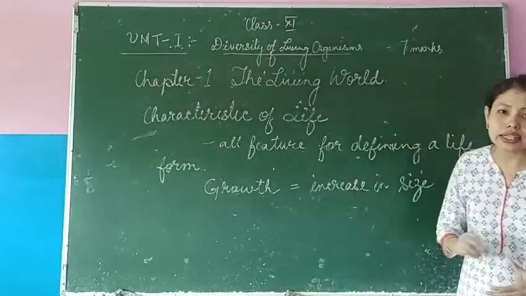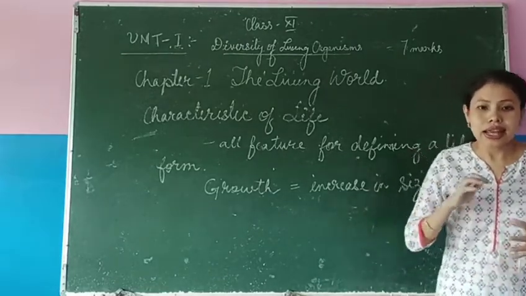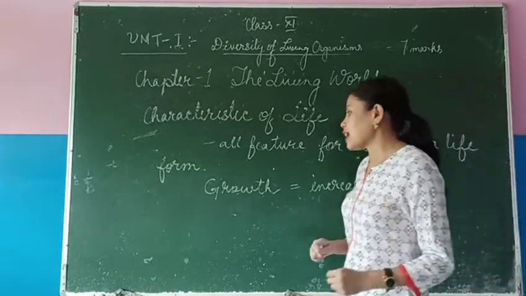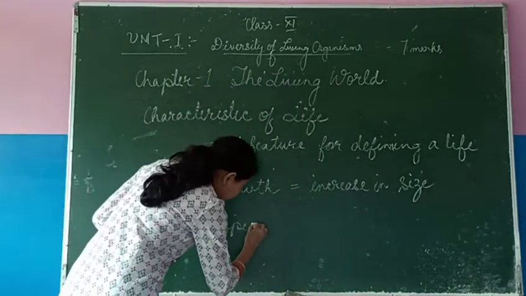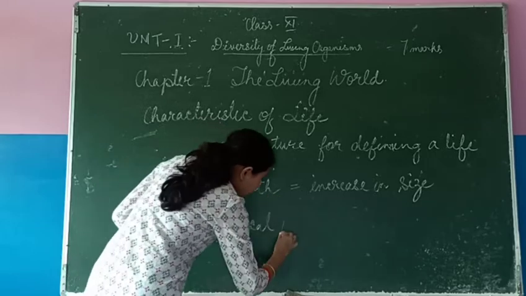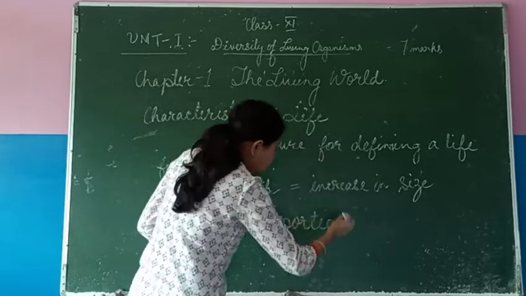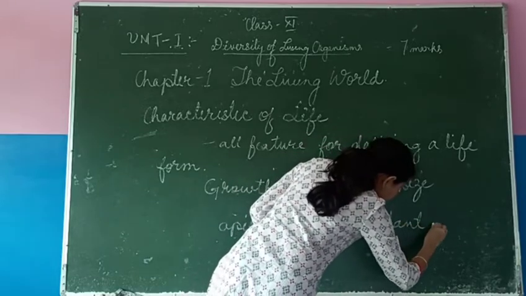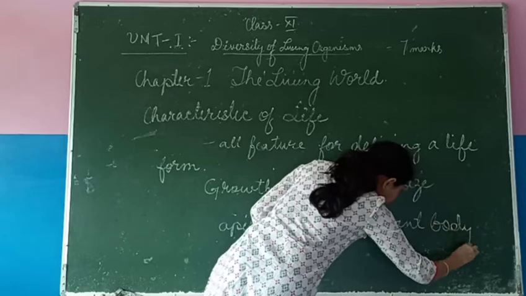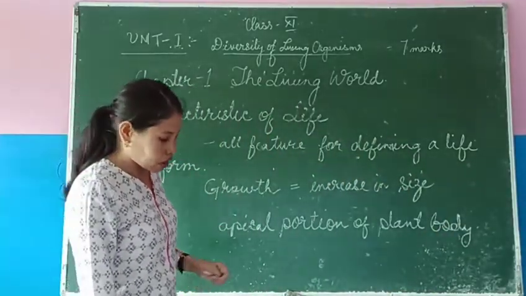However, growth in the case of plants is confined to certain areas. Let's take an example: the apical portion of the plant body.